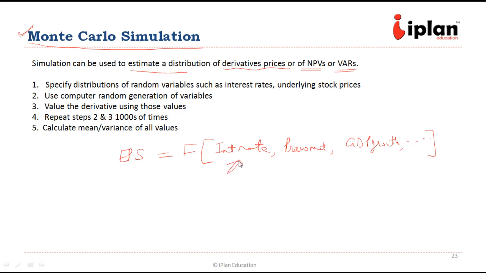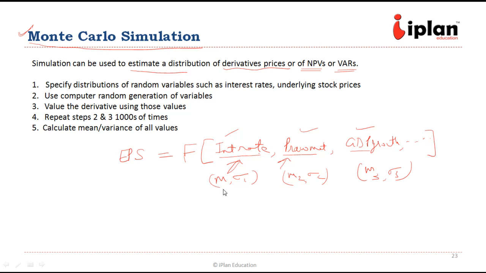For example, let us say these variables are normally distributed, so we know their mean, we know their standard deviation or variance. Similarly, M2 sigma 2, M3 sigma 3. So we have defined the distributions of the independent variables.